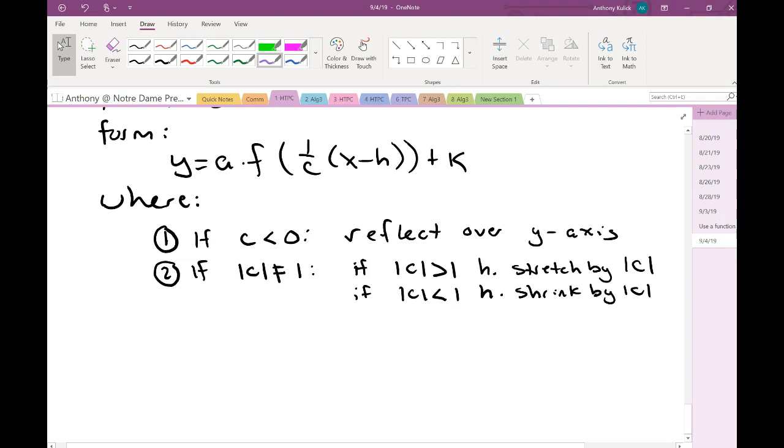So how can you have a number that's less than the absolute value of 1? It'd be like a half or a third or a sixth. No, because if it just says 6, that's 1 over C. If the coefficient was 1/6, C would be 6, and you'd cause a horizontal stretch.